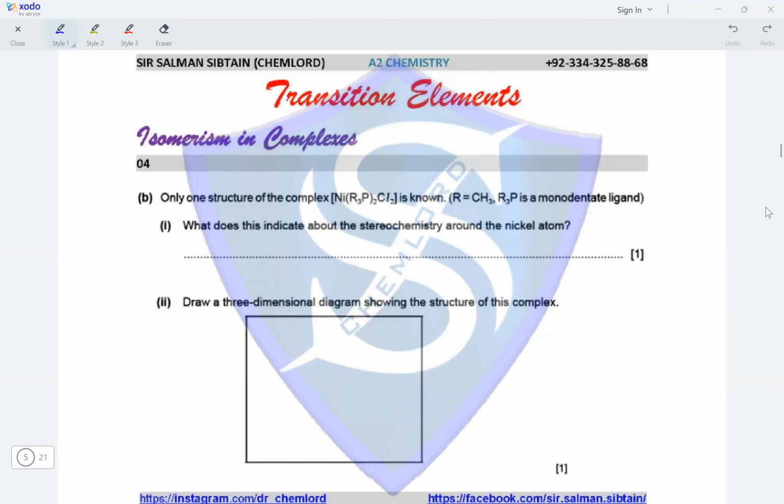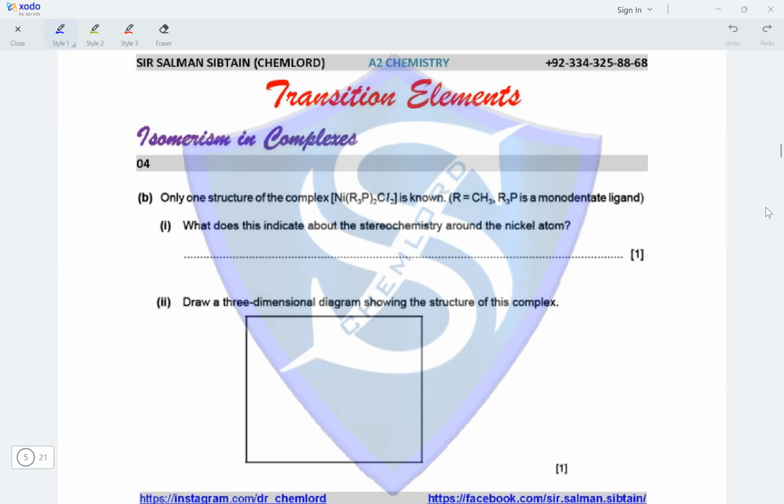Question 4. Only one structure of the complex NiR3P twice Cl twice is known. R is the alkyl group, or rather in this case methyl group, and R3P is a monodentate ligand. What does this indicate about the stereochemistry around the nickel atom?